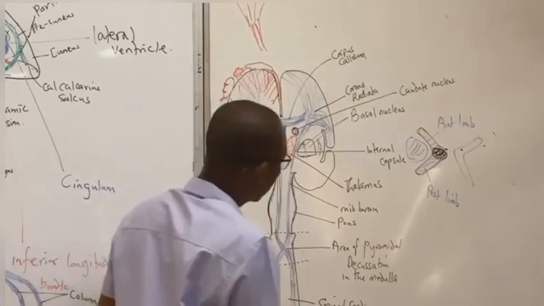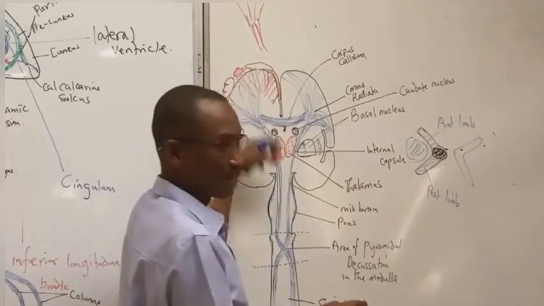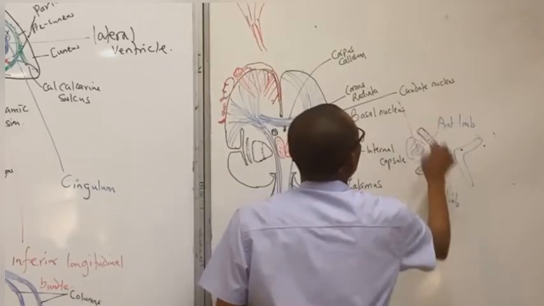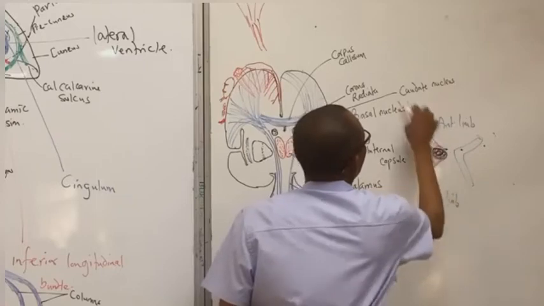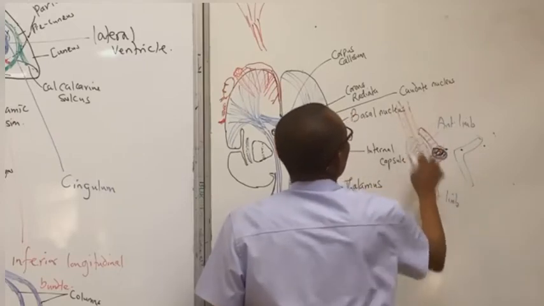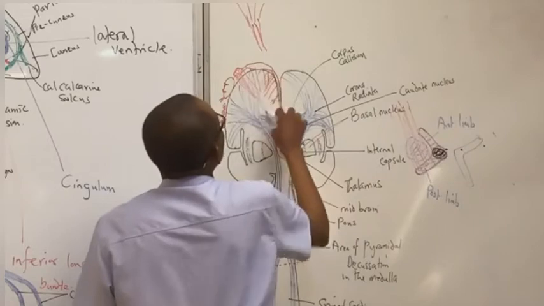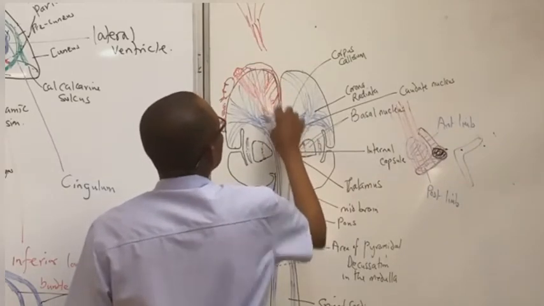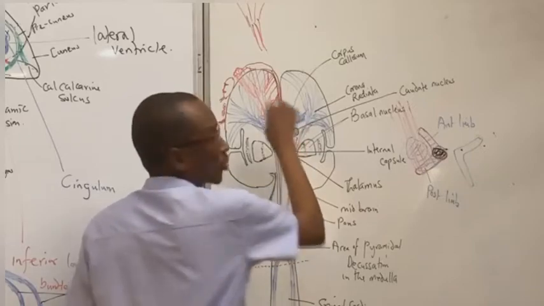So unfortunately this is vertical. So they now descend all in this posterior limb. Are you clear? So all those fibers here, these ones, they are now bunched together, and then they pass into the posterior limb.